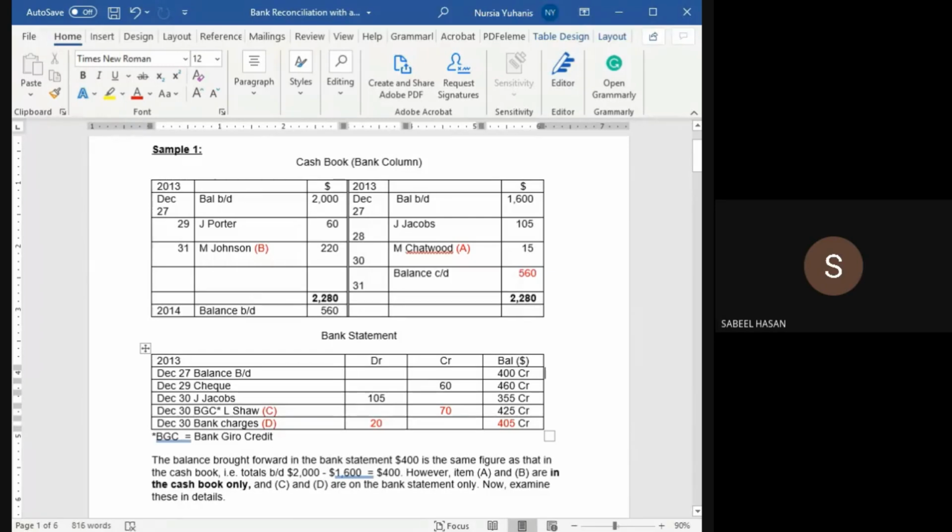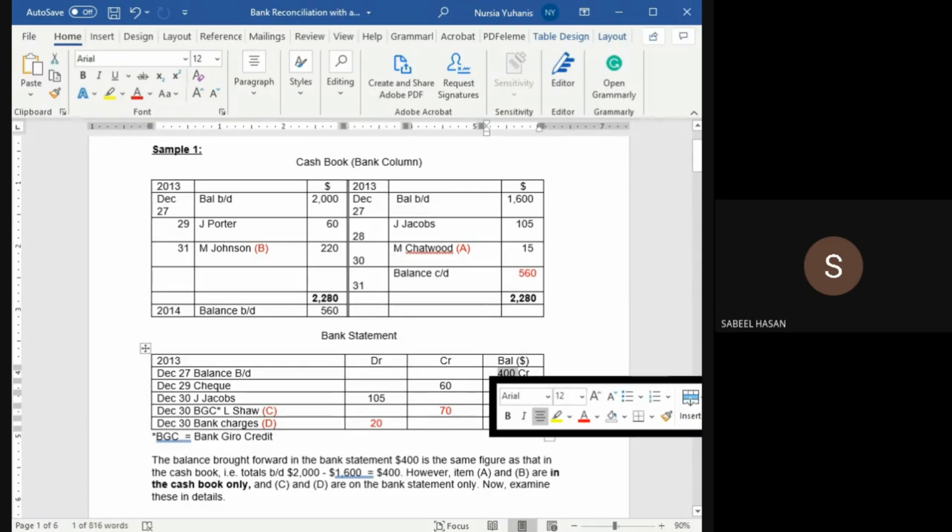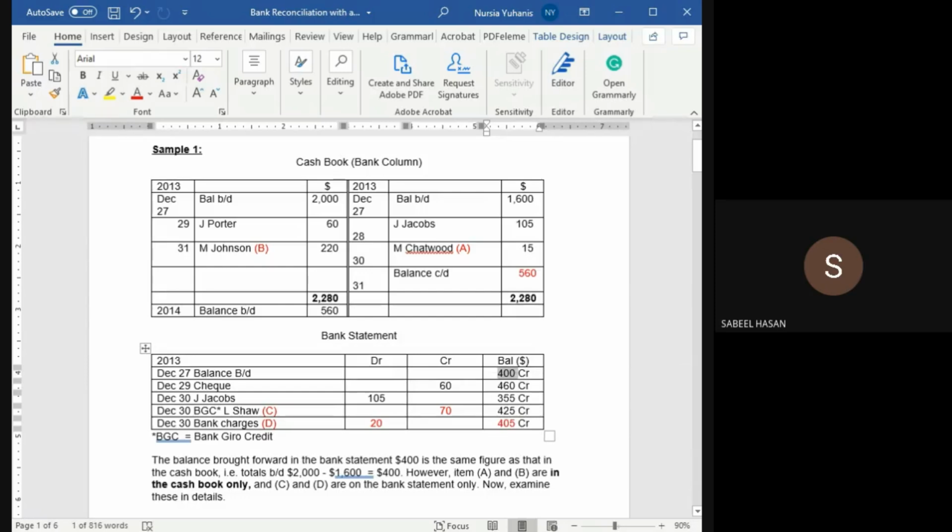Alright, let's compare. Here are the notes. The balance brought forward in the bank statement of 400 is the same figure, the same amount, as in your cash book. Which one is this 400? Here, can you see 400?